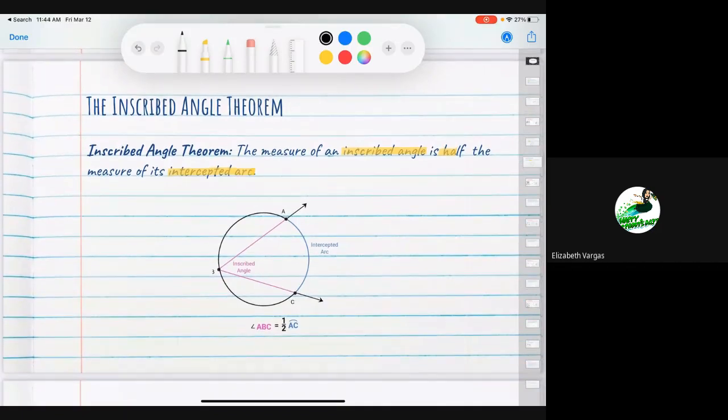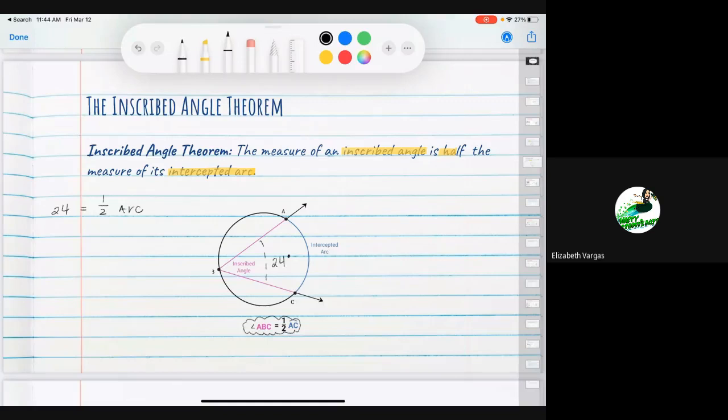So I can give us an example. If this inscribed angle is 24 degrees, how can we find the measure of the arc? Well, we could use this equation right here. So 24 is the measure of the angle, so it's equal to 1/2 the measure of our arc.